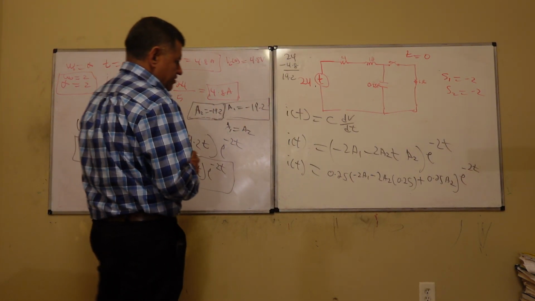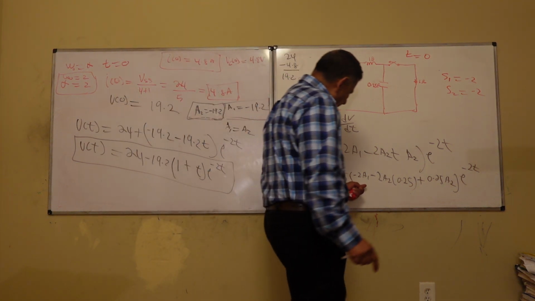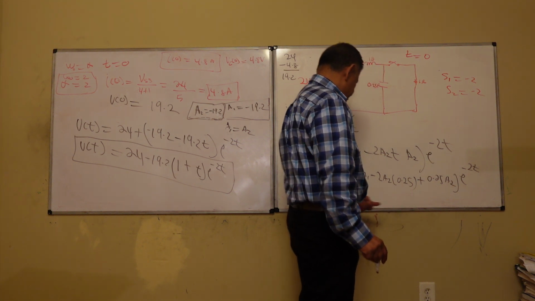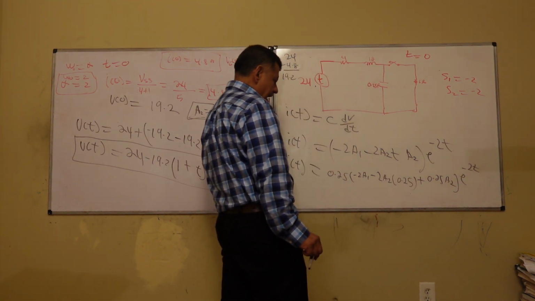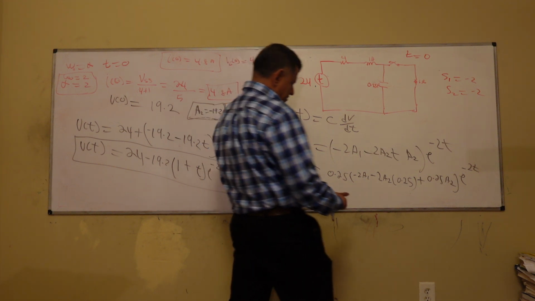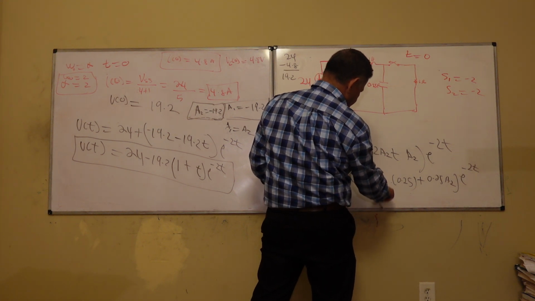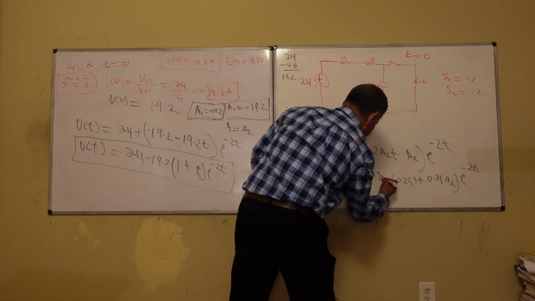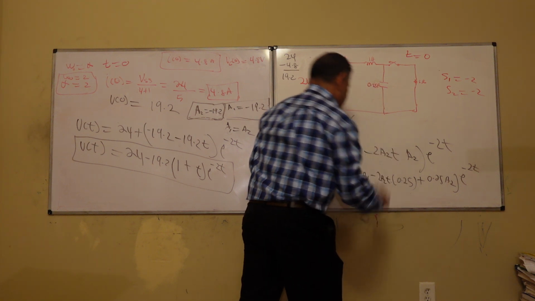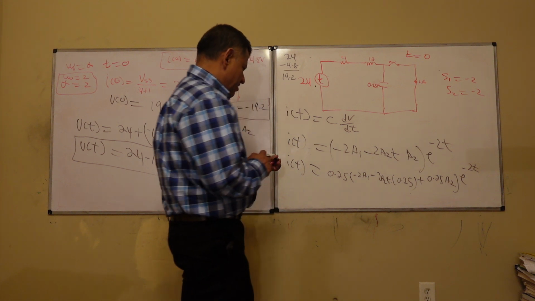With that being said, the last step is to replace every single one of these. However, I have to be careful here. It's a2 t. That t has to be there.